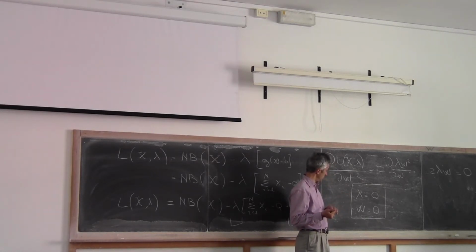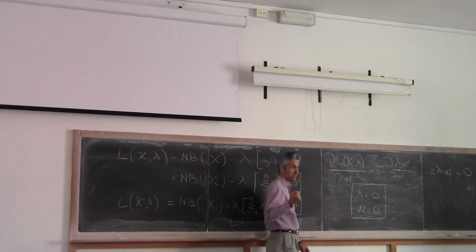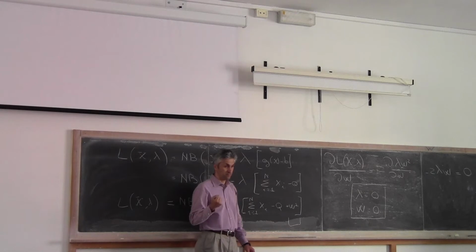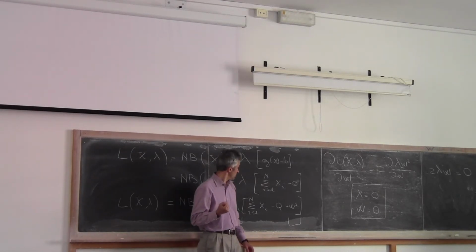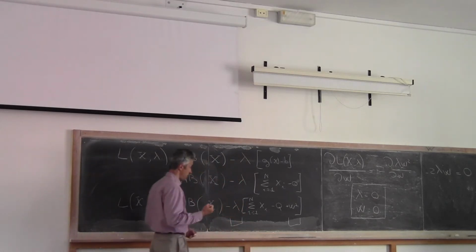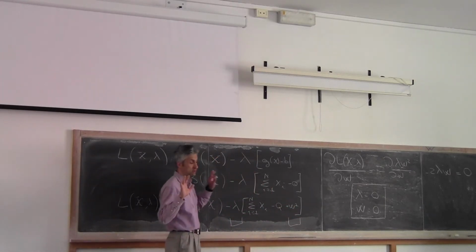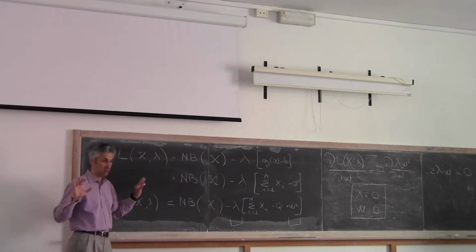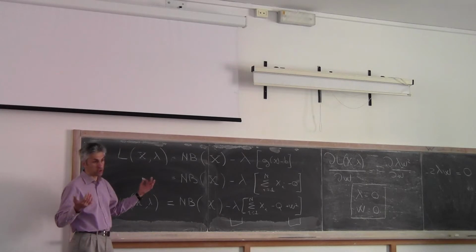First of all, if W is equal to 0, it means that we go back to the case of the inequality constraint. If you look at the Lagrange, if W is equal to 0, you get the same Lagrange that you dealt with on Tuesday. So you go back to the original case.